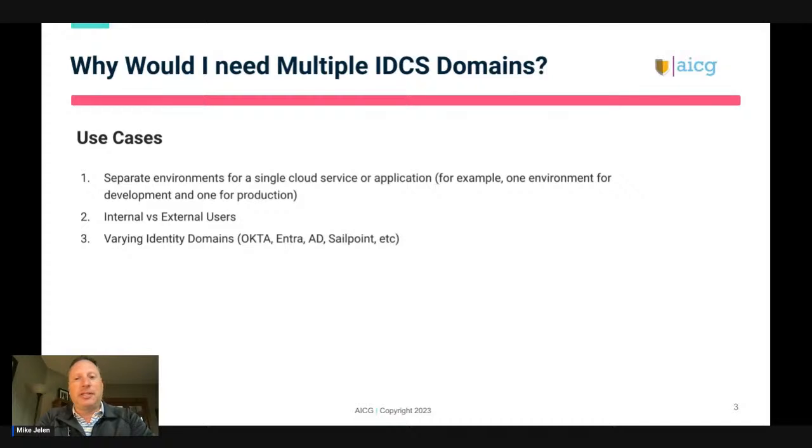Nor do you want them to say, hey, what you're building is wrong. Like, oh my goodness, we aren't even close to being done. This sprint or this story or this project just started, or we're only partway through. And so to create that separation, that might be one use case for why you'd have multiple IDCS domains.